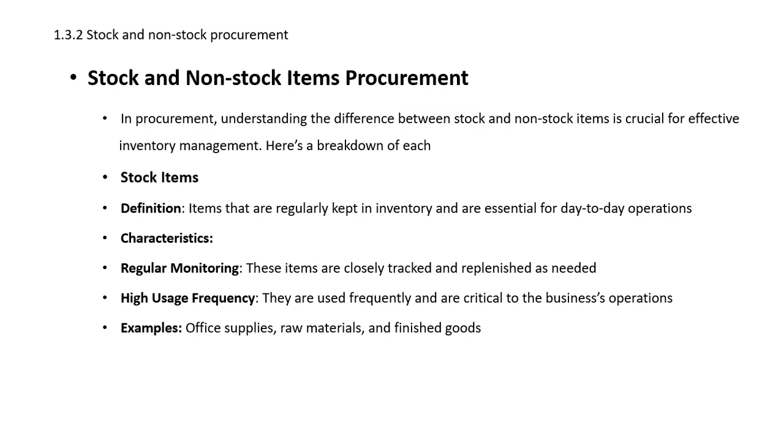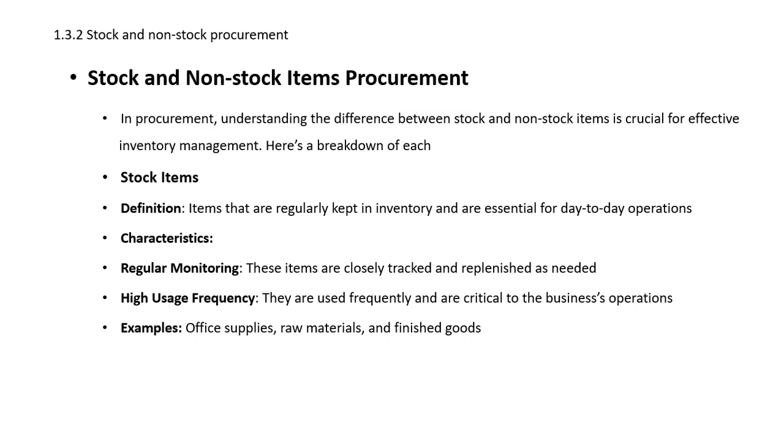Let's move to the second point. 1.3.2. Stock and non-stock items procurement. In procurement, understanding the difference between stock and non-stock items is crucial for effective inventory management. Here's a breakdown of each. Stock items.